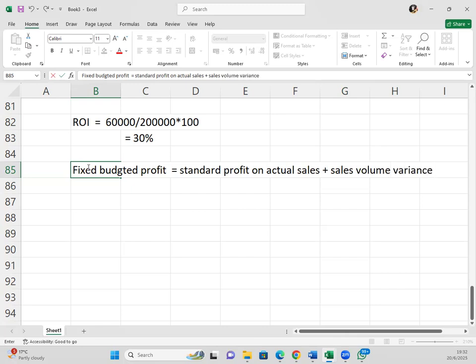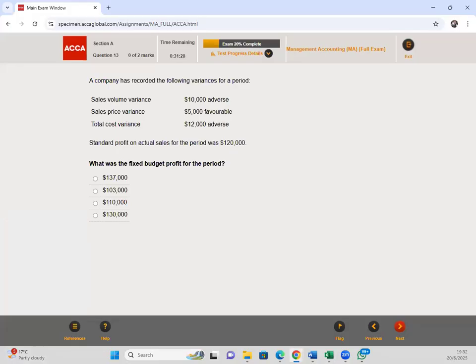We can get the fixed budgeted profit by saying the standard profit on actual sales plus the sales volume variance. So now I've actually helped you with the answer. So go and apply that to the question.